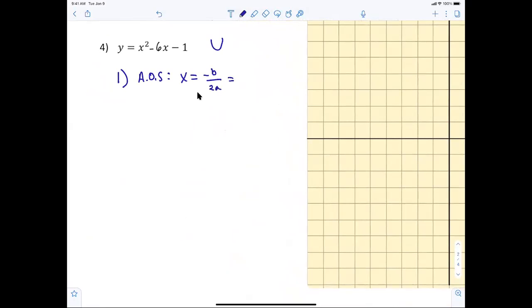What is b? -6 over, well, yes, you're correct. All right, but I was emphasizing negative b. All right, so then this just becomes what? 6 over 2, thank you very much, 3. So the axis of symmetry, x equals 3.